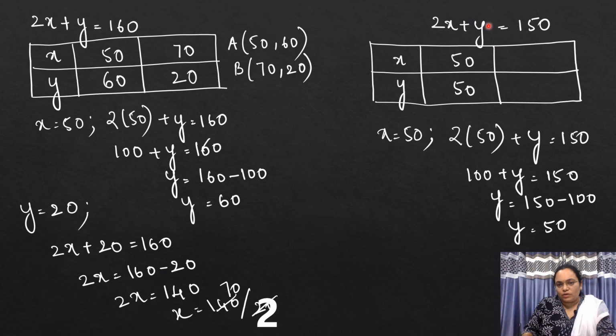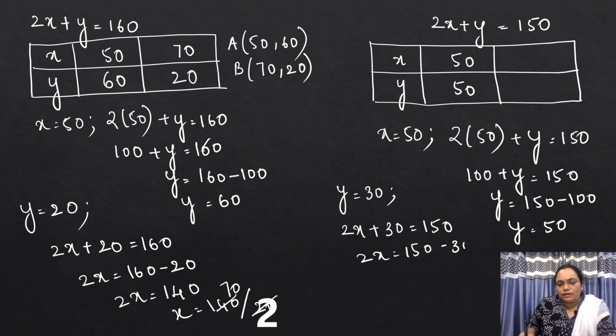If you take y equal to 30 and send it to RHS, that will become 120. I think we can take y equal to 30. So 2x plus 30 is equal to 150, 2x is equal to 150 minus 30, 2x is equal to 120. x is equal to 60.